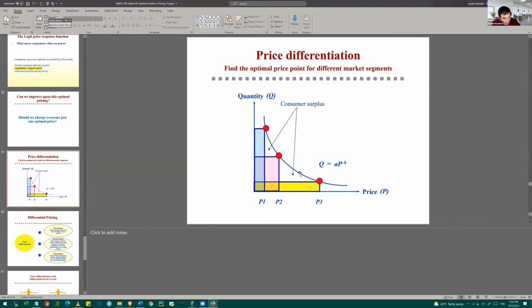I'll take it. If it's 500, I'll take it. So having too many price points, or basically customized pricing, gives you access to all the area under this curve. So if you can charge everyone a different price, you would get the entire area under the curve. And that's the best, meaning the optimal, the best of the best approach.